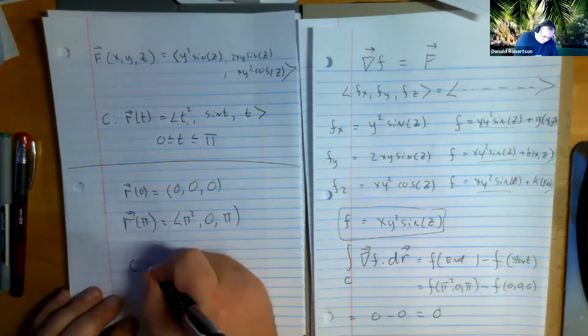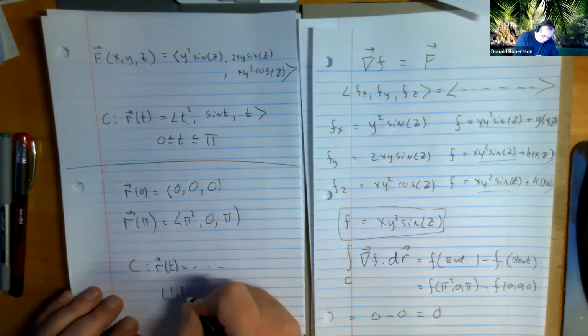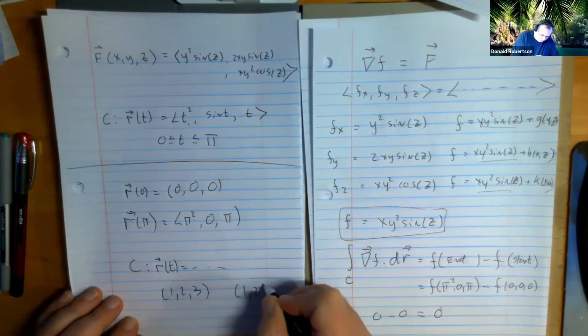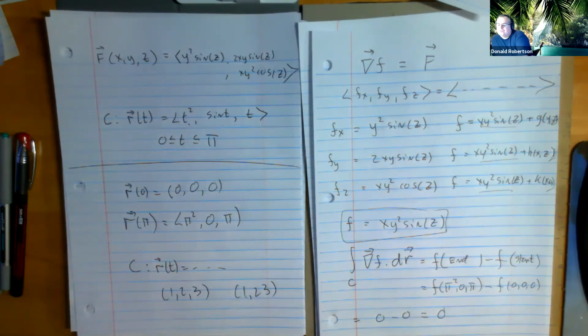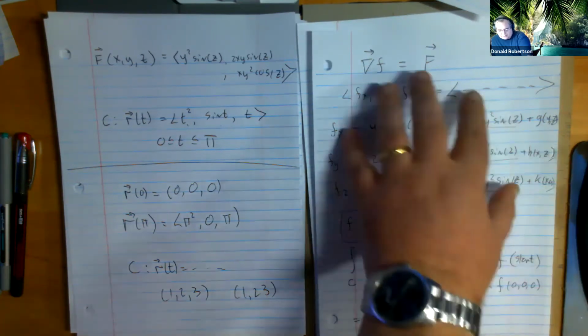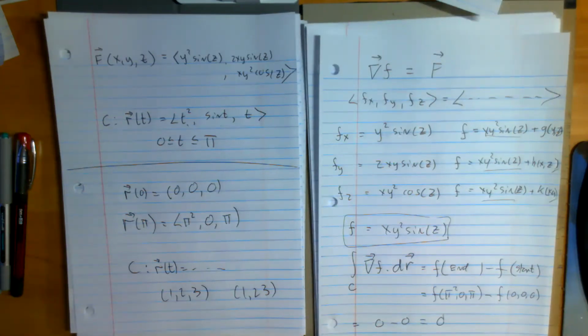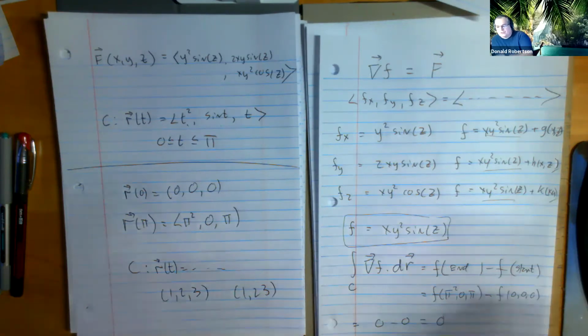What happens if I had a space curve, whatever it is, and it was 1, 2, 3, and the other one was 1, 2, 3? So you started at the point 1, 2, 3, and you finished at the point 1, 2, 3. I know what the answer is, and I didn't even need to do any of this. Wouldn't it also be 0? Yes, because if it's a conservative field and you start and finish at the same point, the answer is always going to be 0.